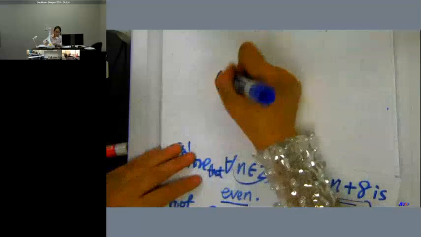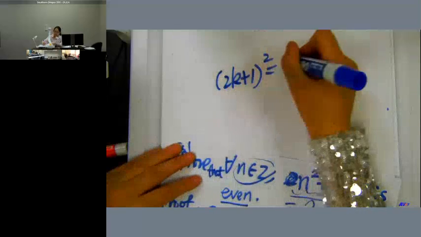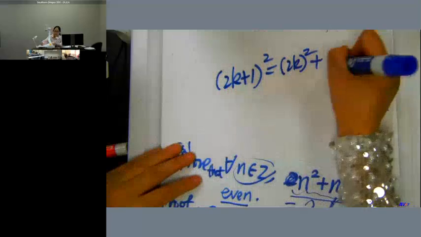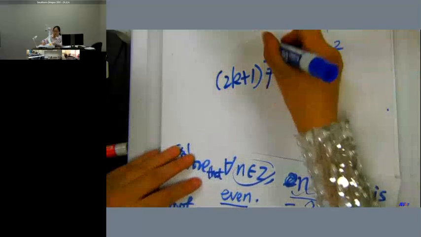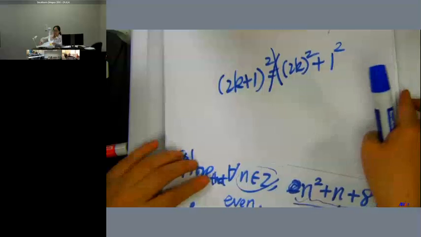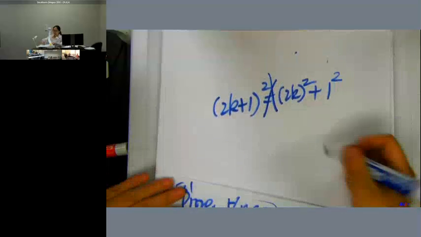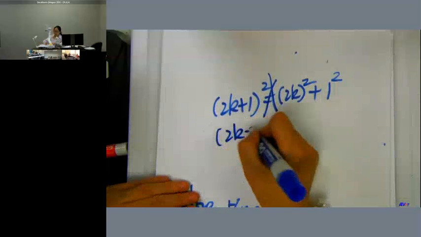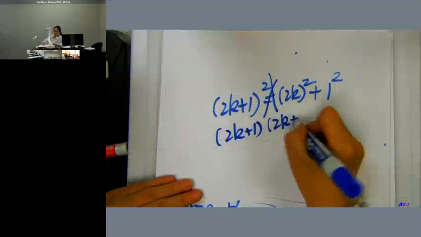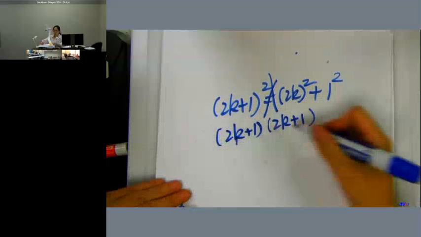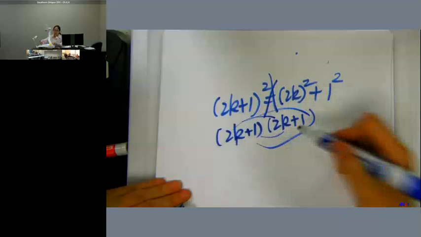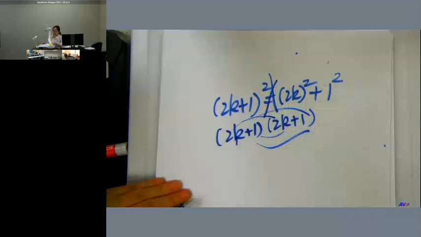Is 2k plus 1 squared equal to 2k squared plus 1 squared? No, be careful. Don't do that. This is a common mistake in algebra class. When you do this, you have to do 2 copies of 2k plus 1. So you got to do FOIL, or if you have memorized the formula, you can do that.